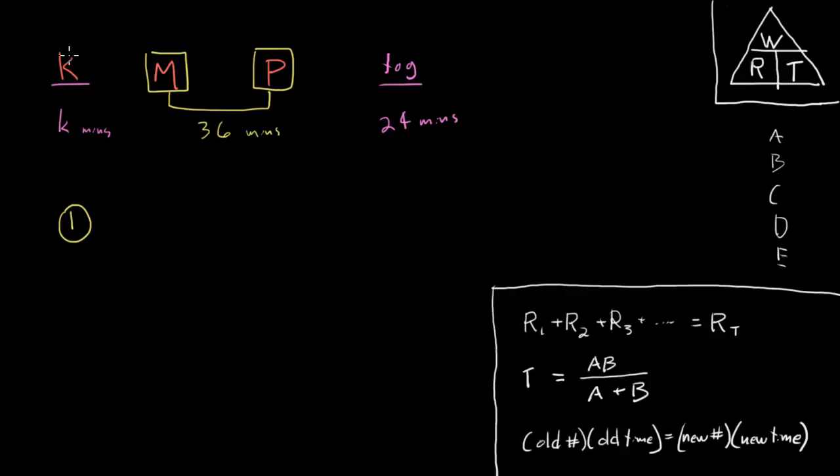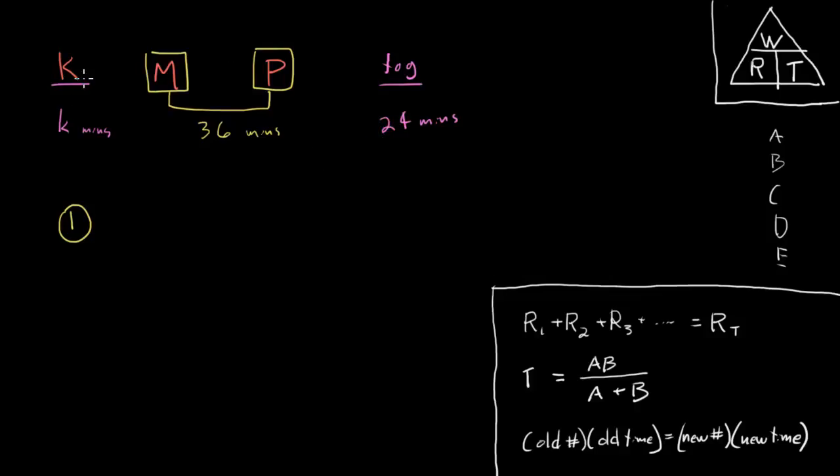And I know that if I were to add K to them, so I'd have all three, well, that would bring the overall time exactly down to 24 minutes. So my question is, would there be more than one rate for K that would bring the overall time exactly down to 24 minutes? No, right?